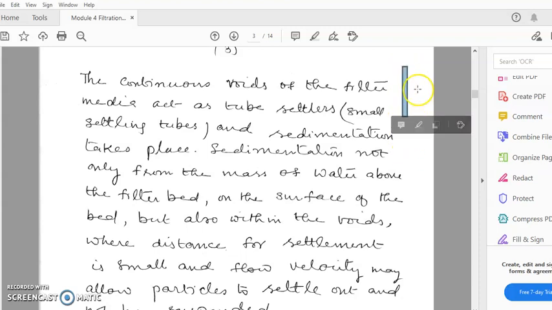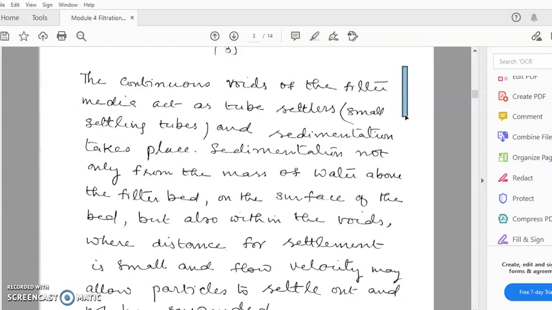Tube settler means a small, thin, long space. So when the particles pass through this narrow space, as the velocity of the flow within the sand bed is very small, the smaller particles, as the settling velocity is very low, will settle there within the pore space.